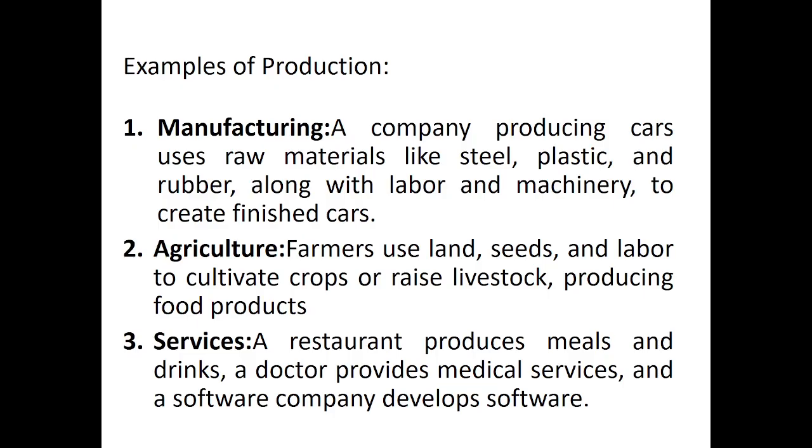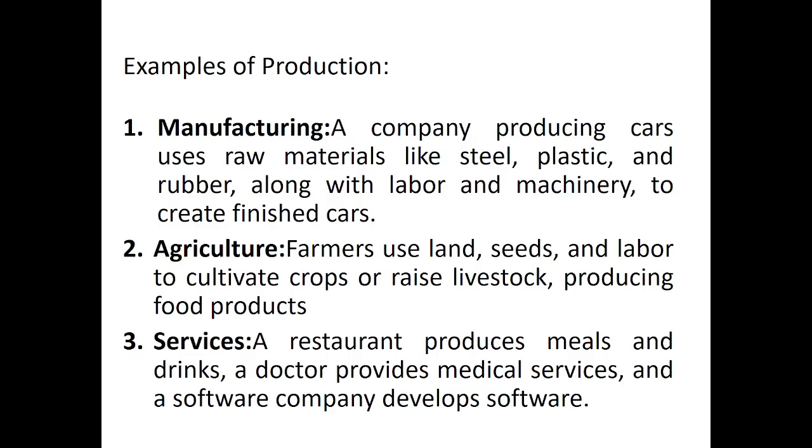See, a car manufacturing company uses raw material like steel, plastic, rubber, along with labor and machineries, to create a finished car. To create a finished product of a car, these are the requirements.